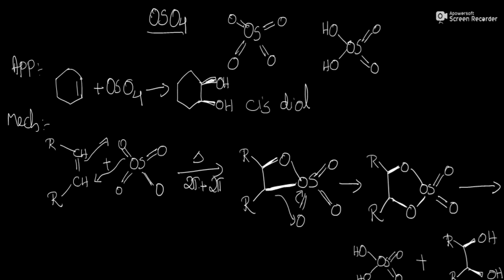To prevent such over oxidation, you add some reducing agents like ascorbic acid and formaldehyde, etc. Osmium tetroxide hydroxylation is from the sterically free phase of olefin, whereas Woodward hydroxylation is from the sterically crowded side of the olefin. That is the difference between Woodward hydroxylation and osmium tetroxide oxidation.